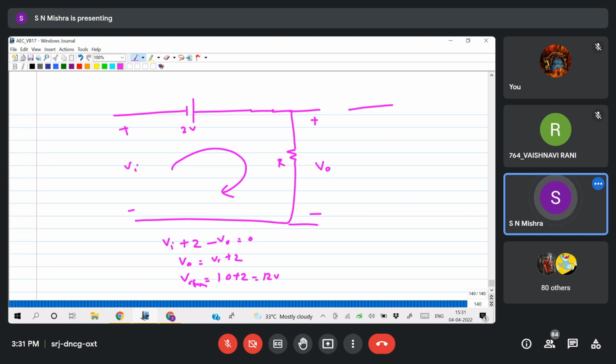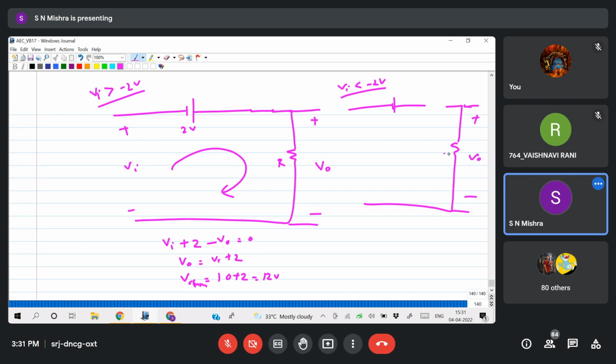When the diode is open, VI is less than -2 volt, so current is 0 and V naught will be 0. Clear?